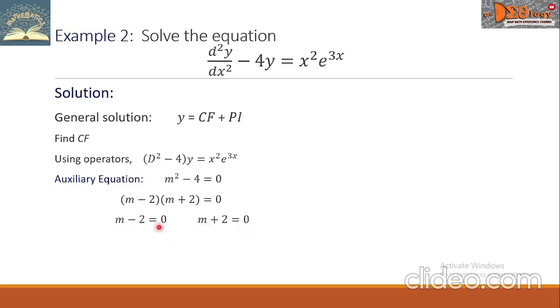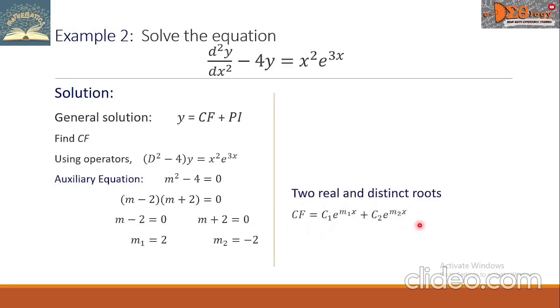So the values of m are m sub 1 equals positive 2, and m sub 2 equals negative 2. We can see here that we have two real and distinct roots. Therefore, we're going to use this formula for the CF.